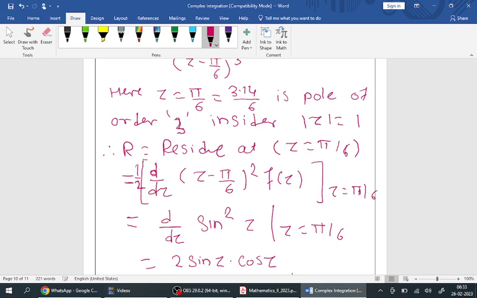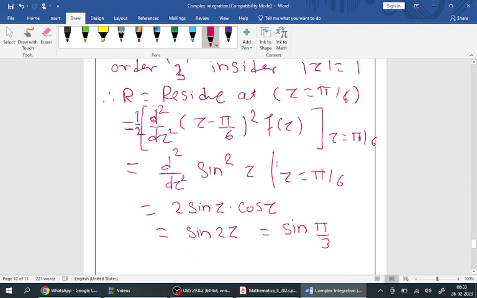And it is a d square by dz square of this. So second derivative we have to take. So first derivative we already took as sine square z, sine 2z. So the second derivative we will take, okay, just a minute. Second derivative we have to write.